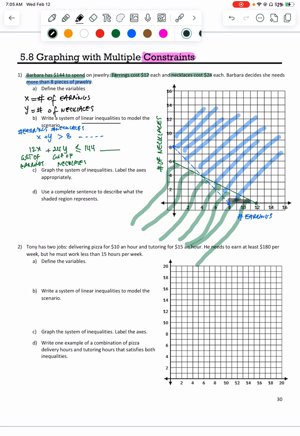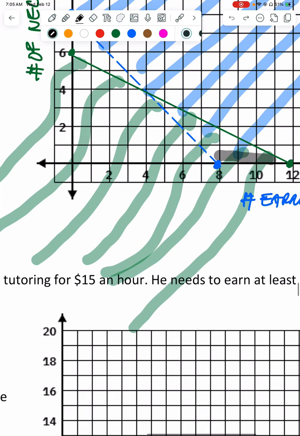If I zoom in, it's going to be here, without passing the line, to be exact. So it's going to be in this region. As accurate as possible, it's fine.